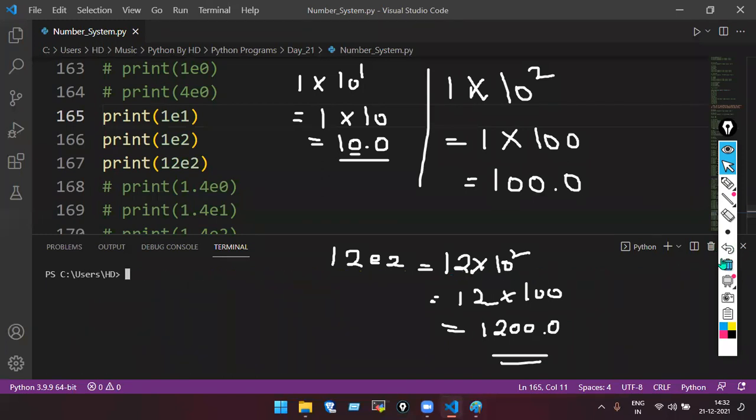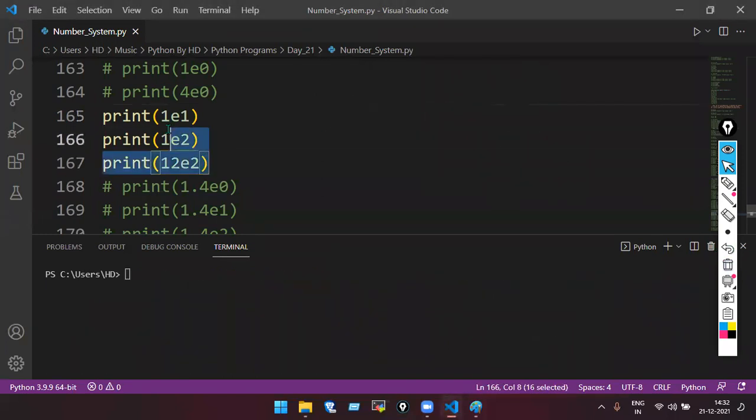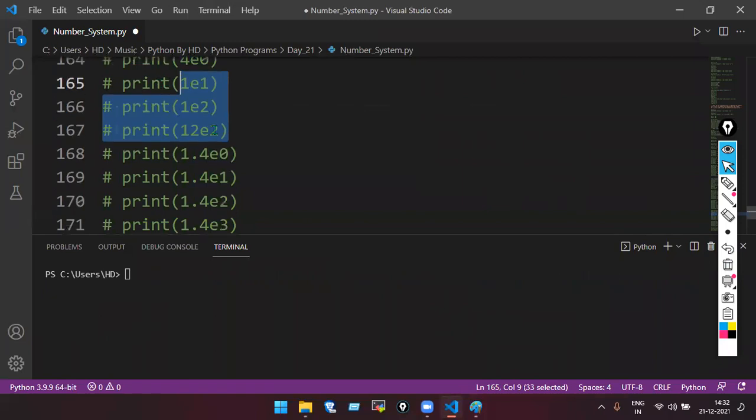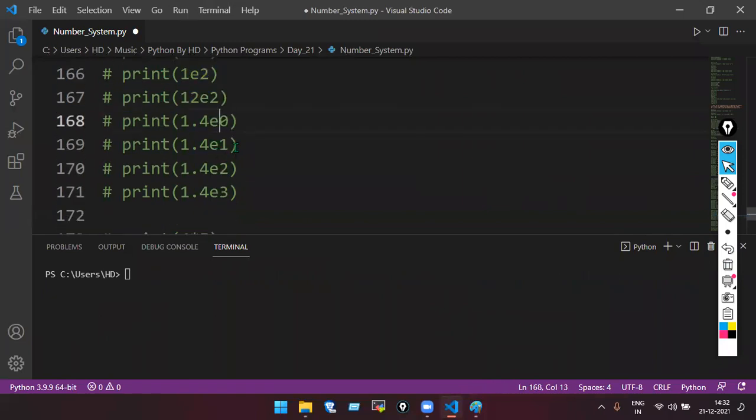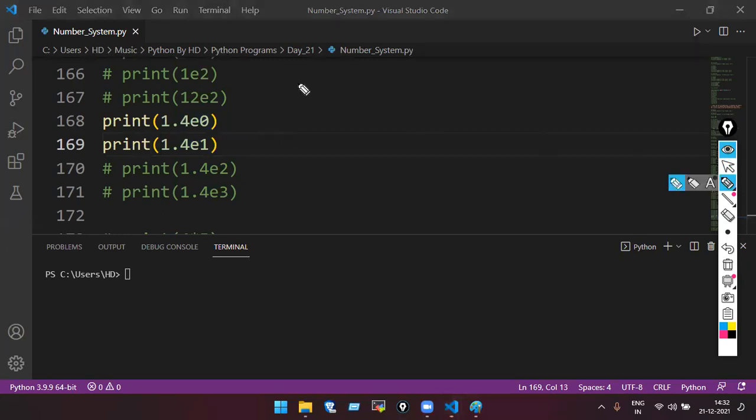Then what about this one? Next answer there. 1.4e0. Okay. So let us see this also once. What is the meaning of this one? 1.4e0 means 1.4 into 10 to the power of 0.